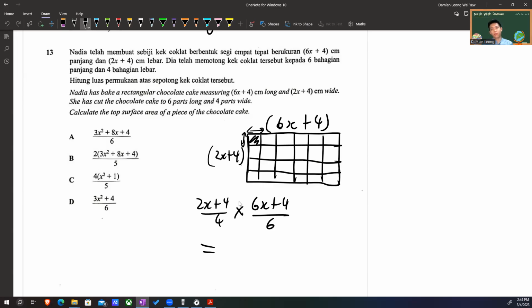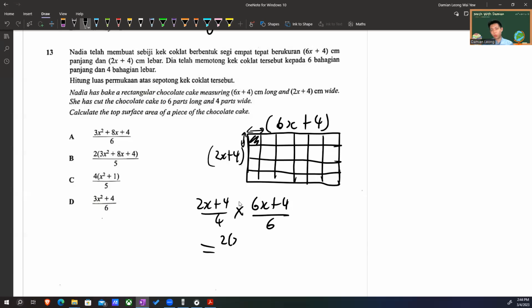I can divide both. 2x. Actually, never mind. I just cross multiply. I think it's slightly easier. Actually, no. I think I should simplify. Sorry, my bad. Yeah, less numbers to calculate.